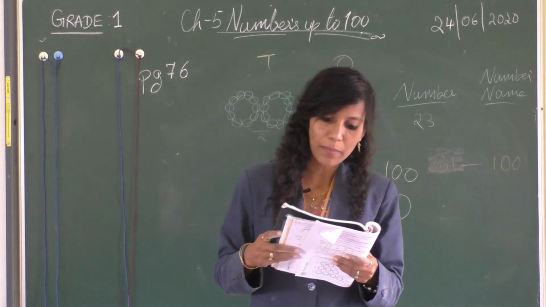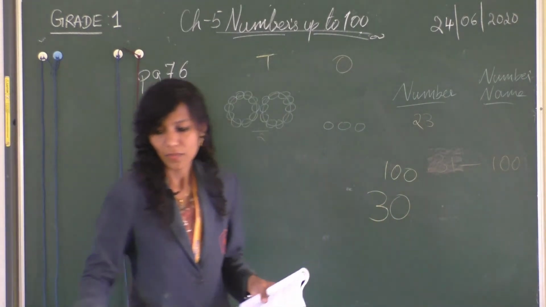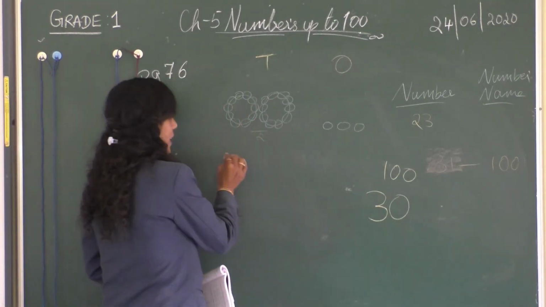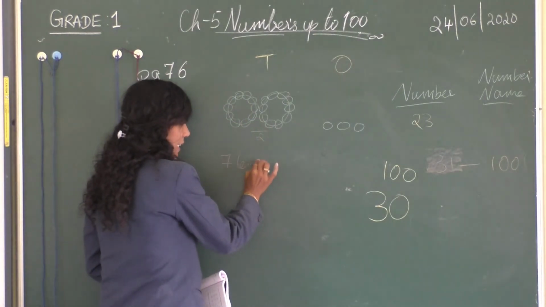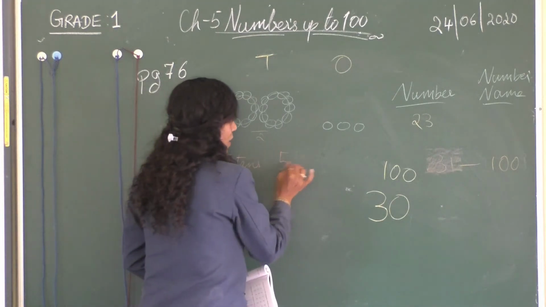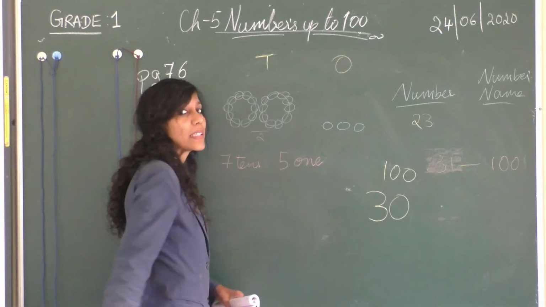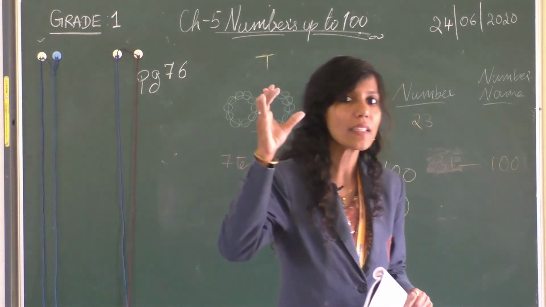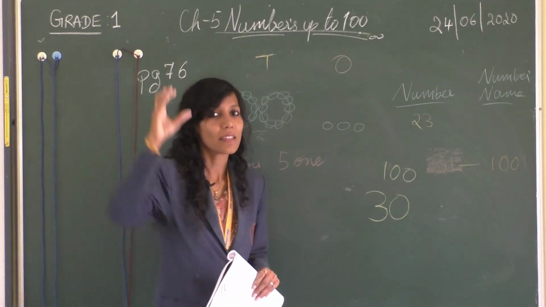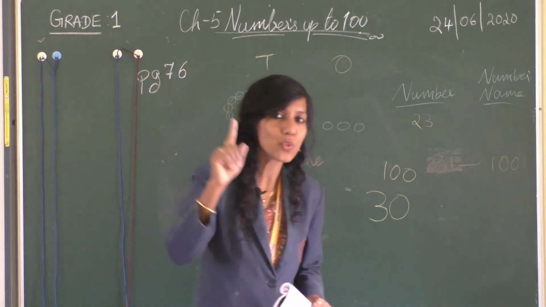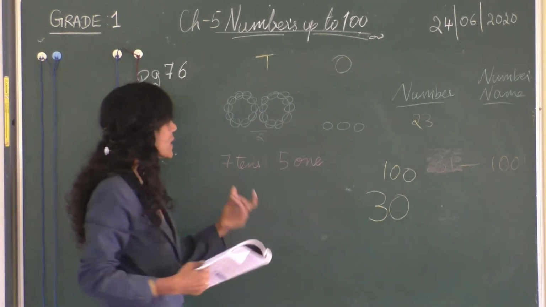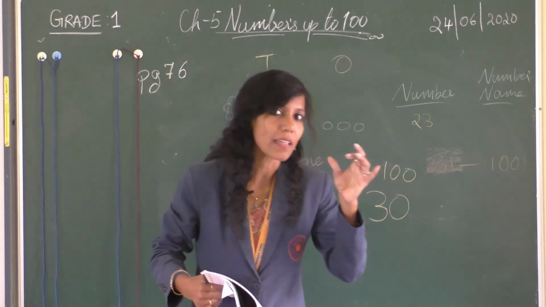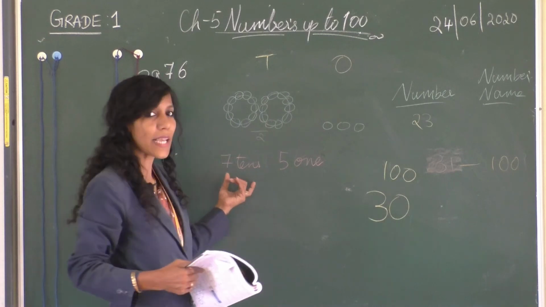Next, write the number formed with. Here they have given, the first one I will take, 7 tens and 5 ones. What is 7 tens? 7 bundles of 10: 1 bundle, 2 bundles, 3, 4, 5, 6, 7 bundles of 10.